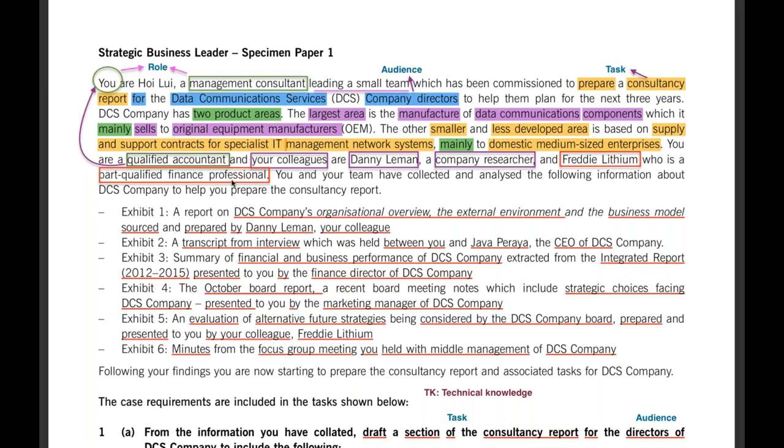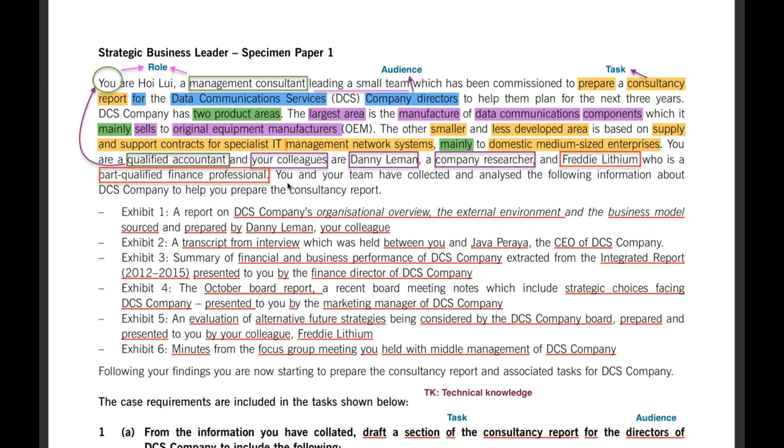What's the significance of them highlighting this? Remember, you are qualified, you should be an expert. Freddie Lithium is partly qualified, so he's not an expert yet, and this is something you have to be aware of. Perhaps he might help you prepare something. Being a partially qualified finance professional, he still has lots to learn.